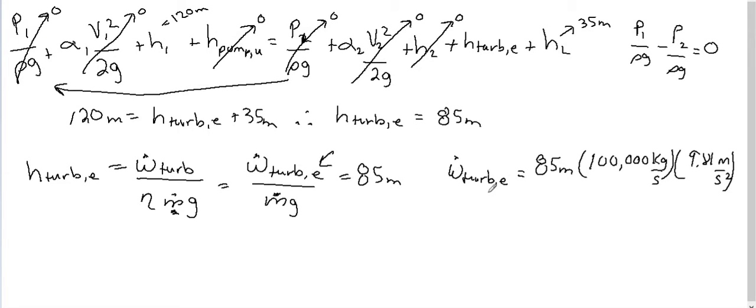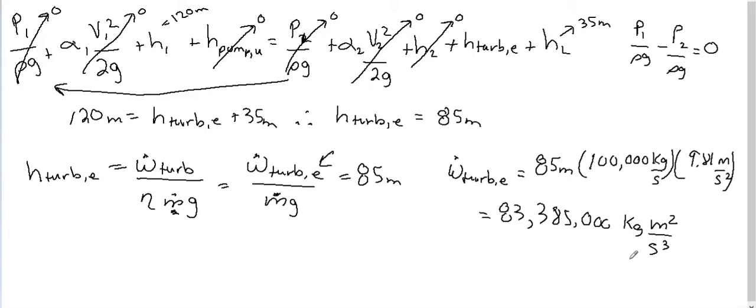When you multiply all that out, you're going to get 83,385,000, and our units are kilograms meters squared divided by seconds cubed.